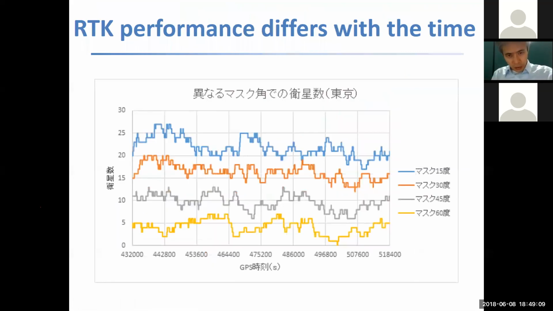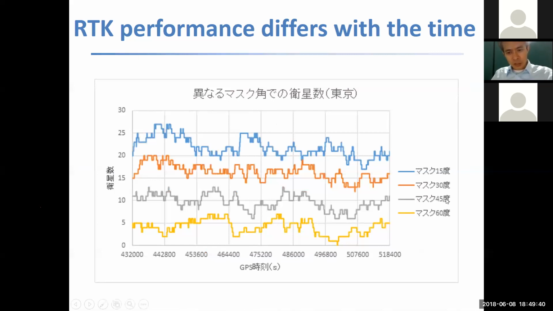And RTK performance is quite different according to the time. I'm sorry, this is Japanese. This is in Tokyo, I'm not sure when, maybe some day in 2016 or 2017. This shows 24 hours of GPS time and the number of usable satellites, probably GPS, QZSS, and BeiDou. With a mask angle of 15 degrees, more than 20 satellites, it is okay.